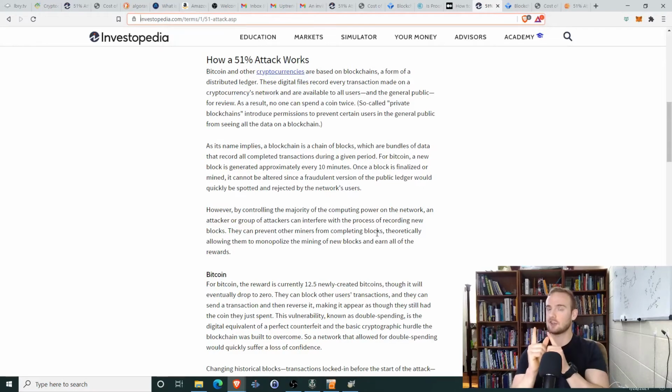Well, here's the thing. At some point, because they're adding blocks, they can add blocks to that secret blockchain faster than the other miners can add blocks to the legitimate blockchain. So what happens in the blockchain world, there's something known as the longest chain wins.